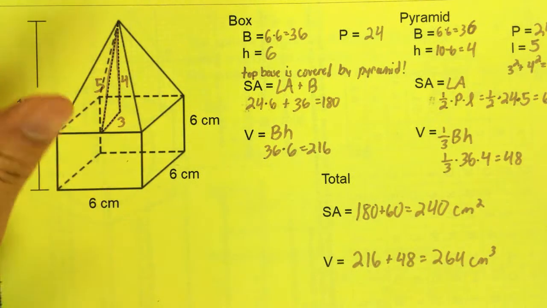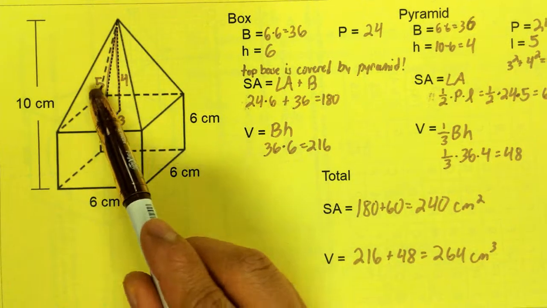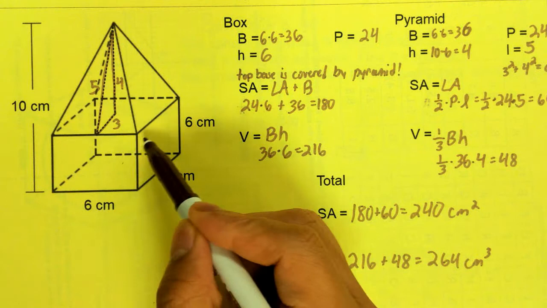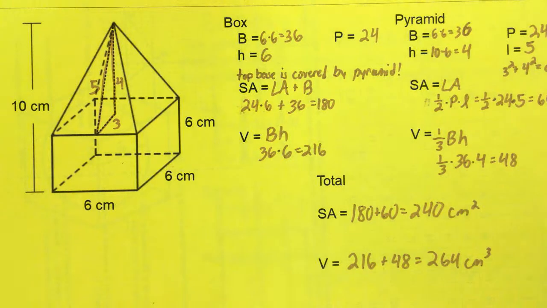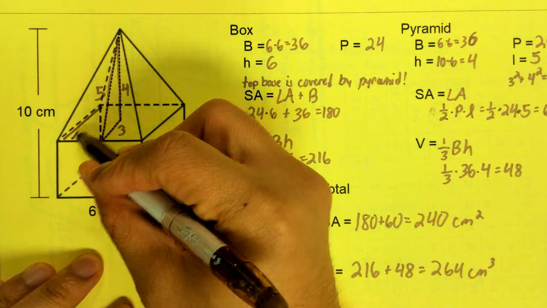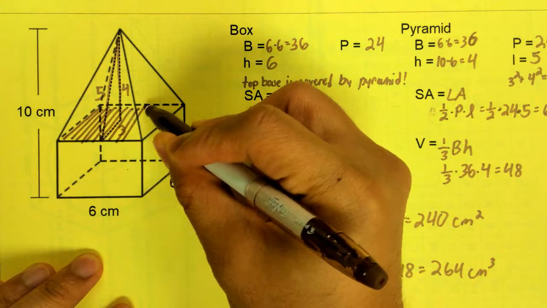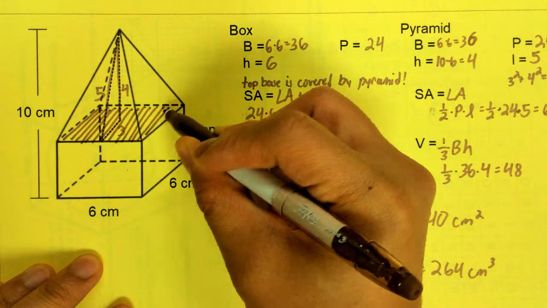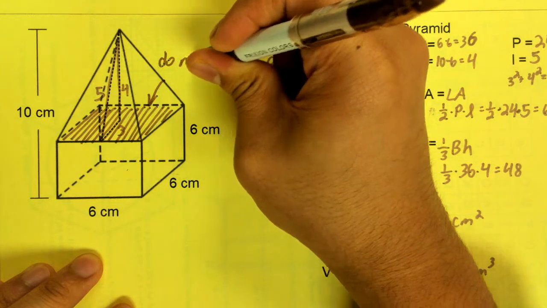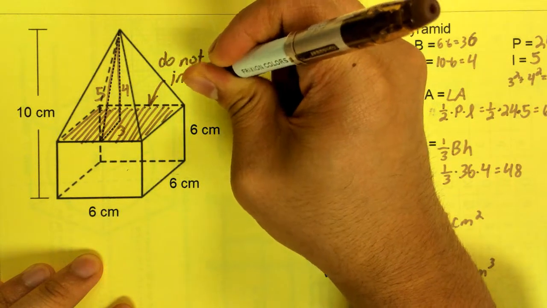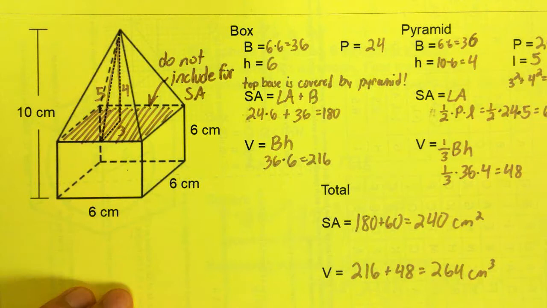When I have two things on top of each other, for surface area, be careful that this base right here, do not include for surface area because it is being covered.